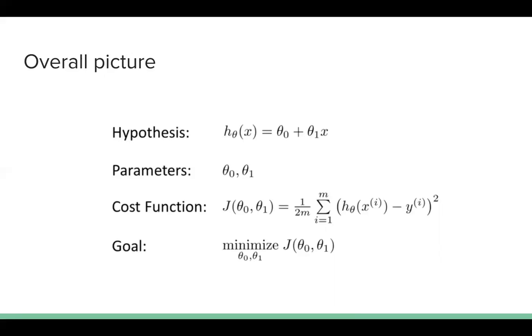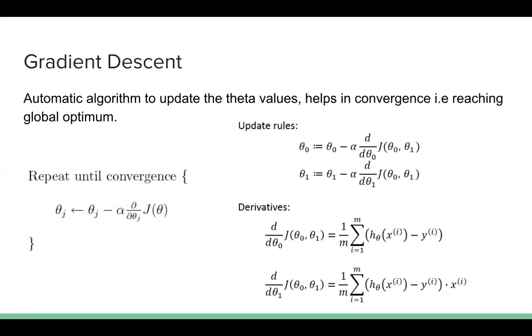A gist of the linear regression algorithm is shown right now. The hypothesis is basically drawing a line, okay? And the parameters that we have to tune are theta 0 and theta 1. So we have a gradient descent algorithm that will automatically try to find theta 0 and theta 1 such that the cost function, that means the mean squared error, is minimal.